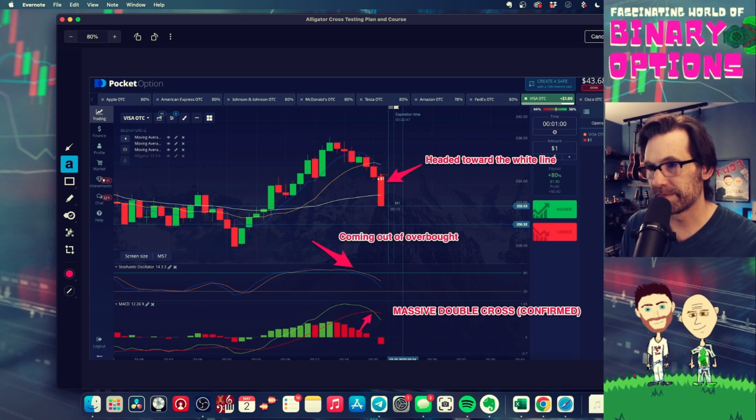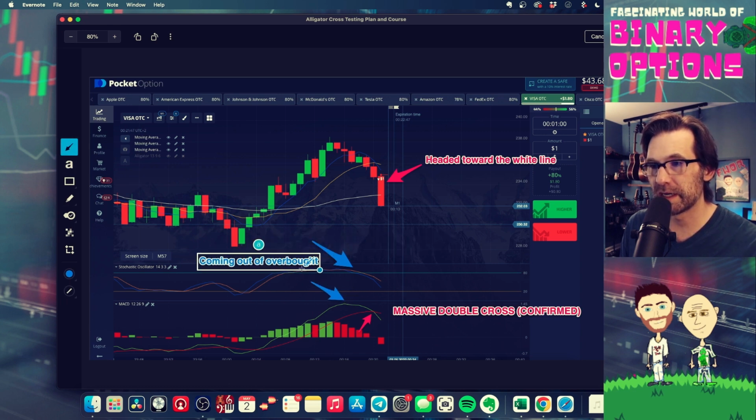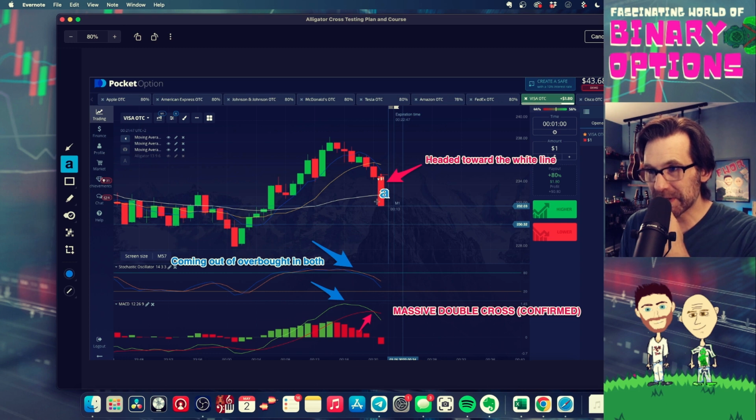Coming out of overbought here, which I want to make blue, and I want to make this blue. It's coming out of overbought there and there. So it's coming out of overbought in both. That's really the massive thing. So we entered as soon as that candle double crossed.